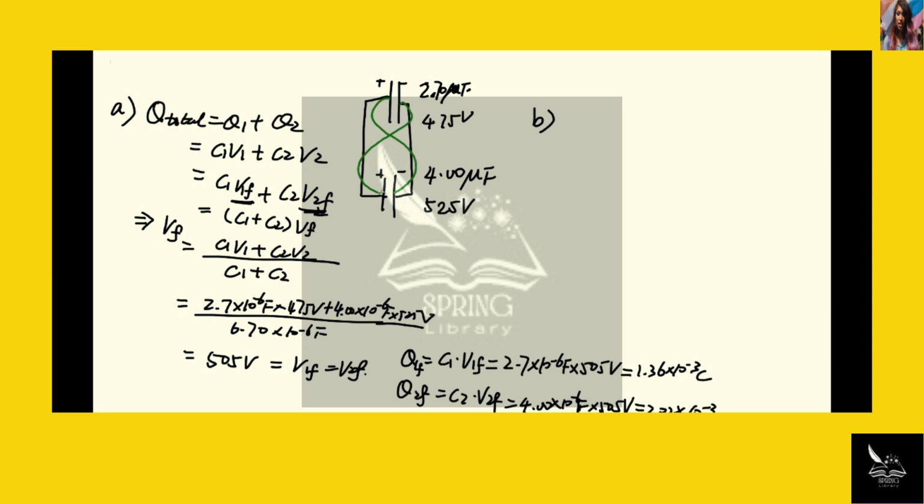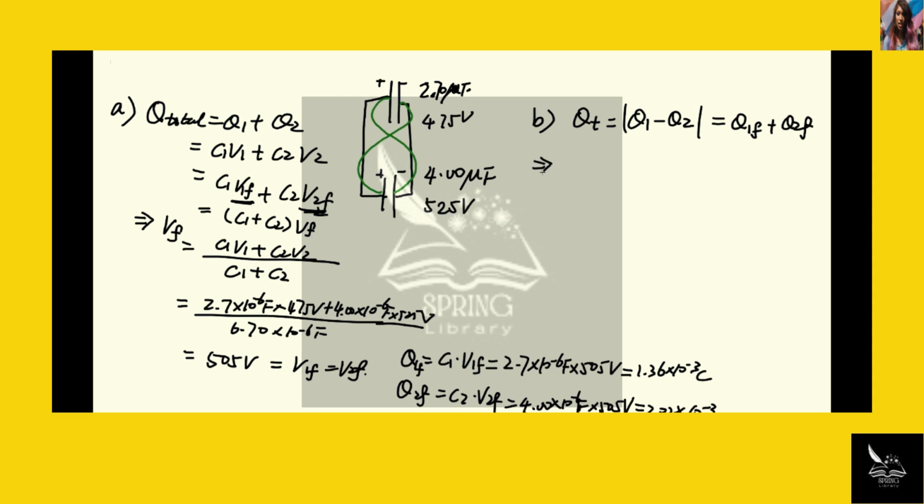In other words, Q total becomes the difference of Q1 and Q2 initially. And it's whichever is larger, so it's the absolute value of Q1 minus Q2. And it is still equal to Q1 final plus Q2 final.